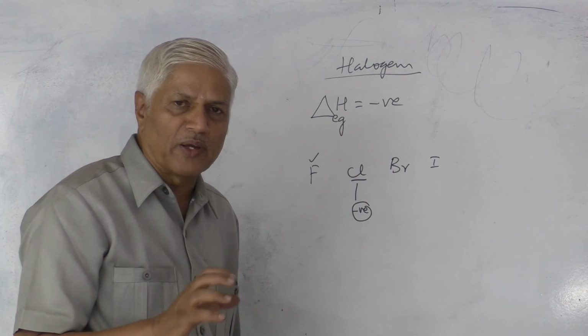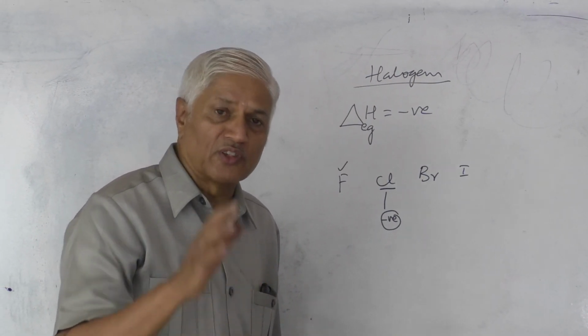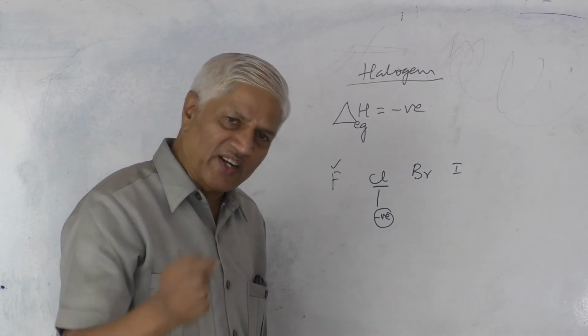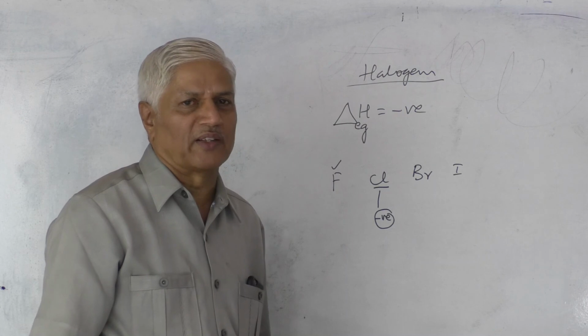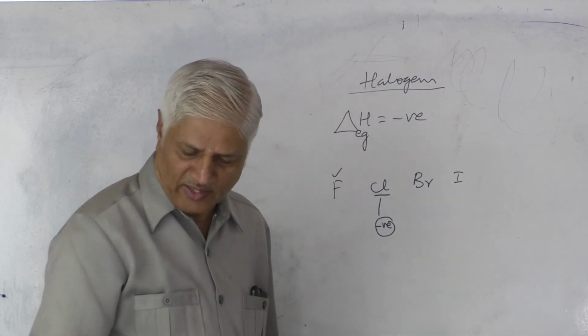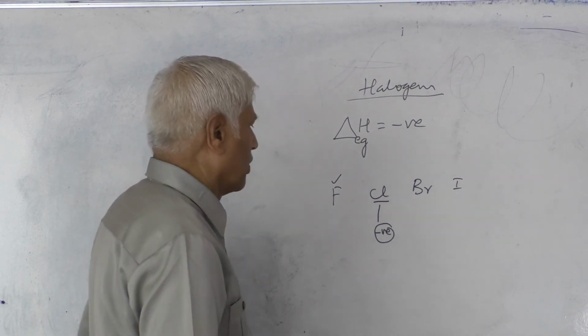Therefore, there exists p-p repulsion. The repulsion between the p orbitals is more in fluorine than in chlorine. Therefore, entry of an electron is opposed by the p orbitals of fluorine. As a result, the electron gain enthalpy of fluorine is slightly less compared to chlorine.